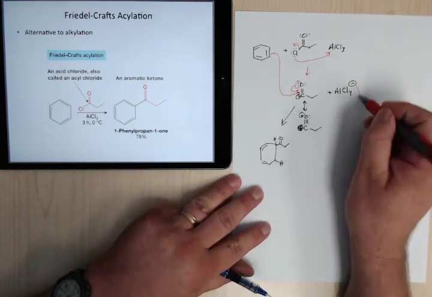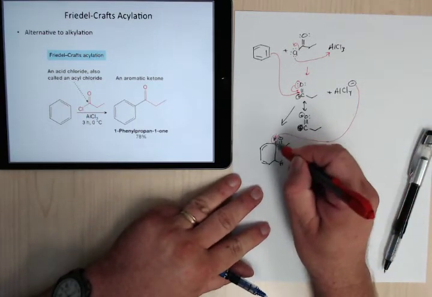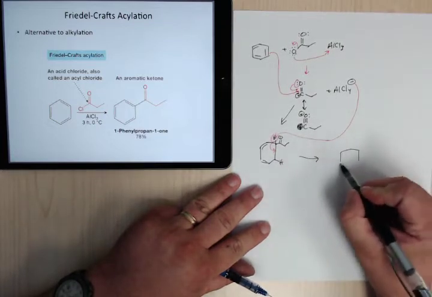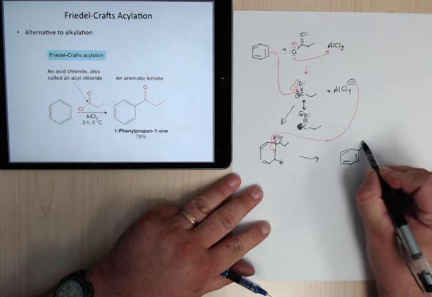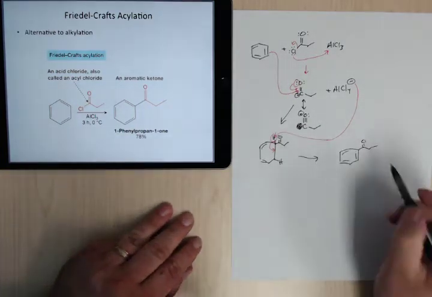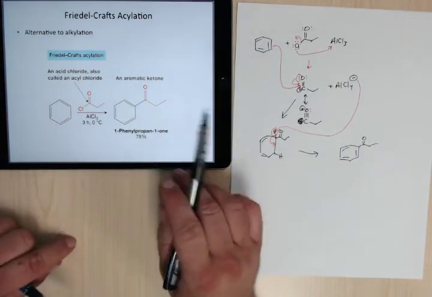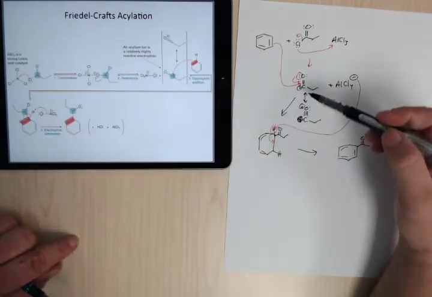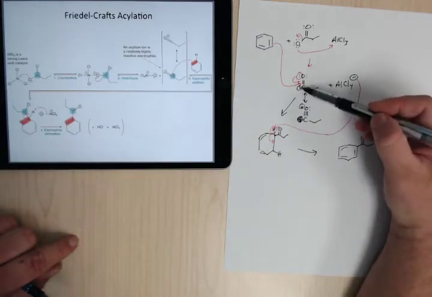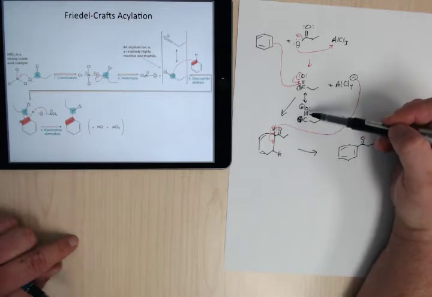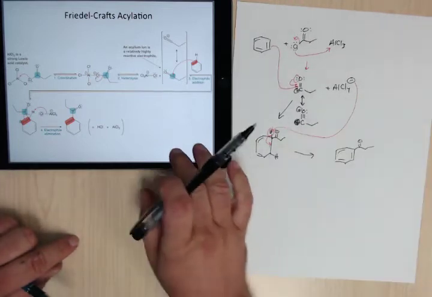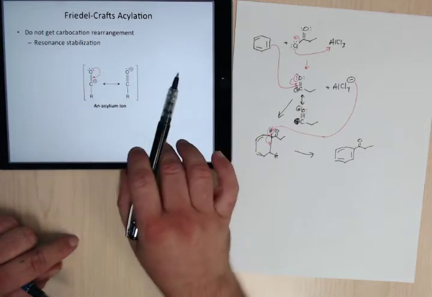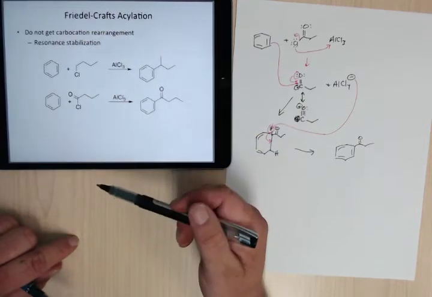And so step 3, this is going to come in and grab this, collapse down, and so you're going to end up with that. But notice how you're not going to get the rearrangement. It all has to do with the fact that these lone pairs are right next to the carbocation, so you're going to get the stability there. Because of this resonance structure, you don't have to worry about the stability.